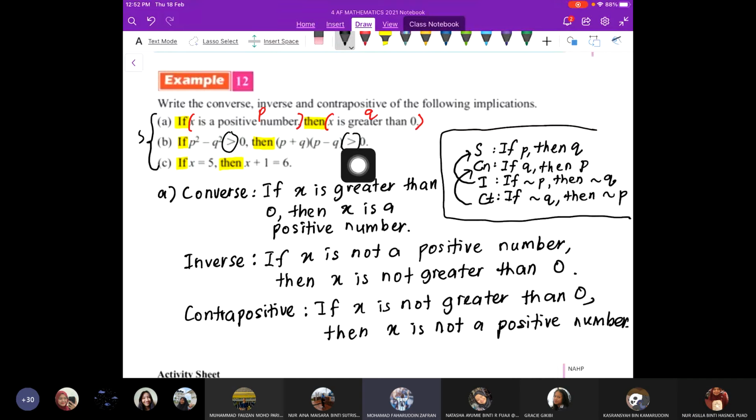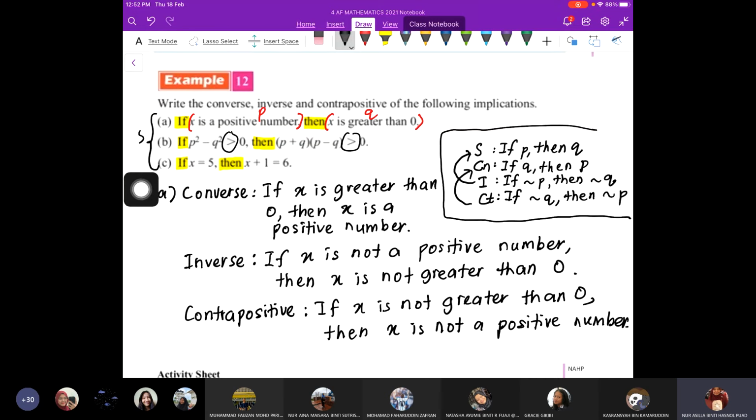Okay. Then P square minus Q square less than 0. Yes, good. That's it. So that's the answer lah. So contrapositive kita tukar kedudukan lah. If P plus Q, P minus Q less than 0, then P square minus Q square less than 0. Itu contrapositive.